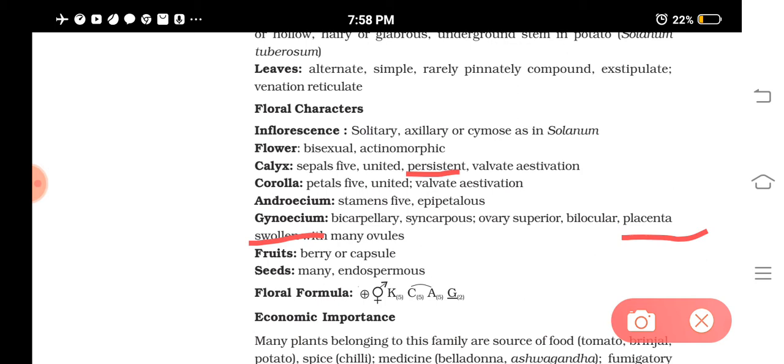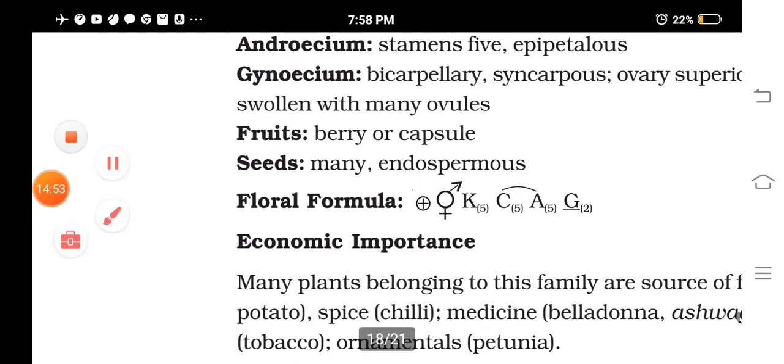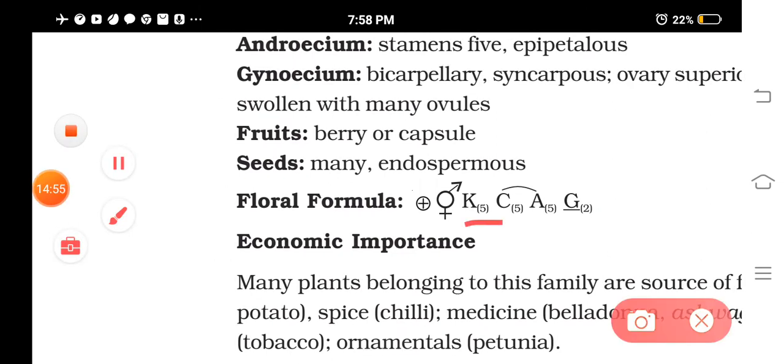Okay, fruits will be berry or capsule. Seeds, endospermous seeds. Okay, then if you see the floral formula, you can see that the flowers are actinomorphic, isn't it? Bisexual. Calyx, how many are there? 5, isn't it? 5 calyx, and they are united.